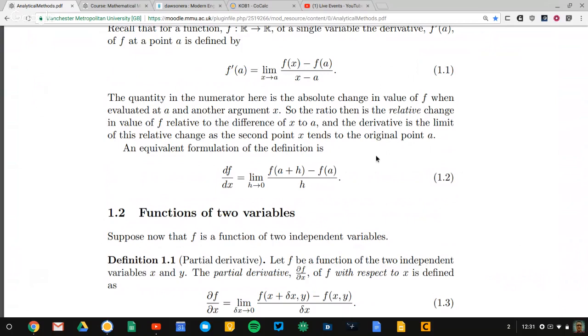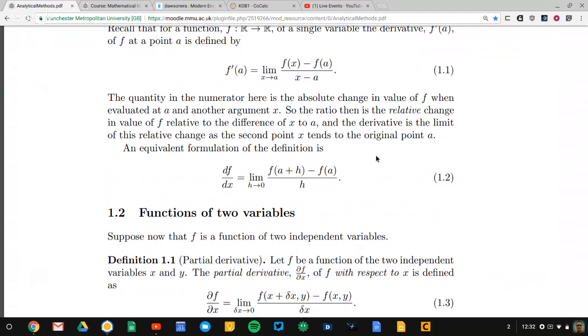And so as you take the limit as h approaches 0, this nearby point a plus h is going to converge to the base point a. And this chord through the graph, the straight line joining the two points on the graph at a and a plus h, well, as h goes to 0, this point is going to travel along the graph, so to speak, until it converges to the point a.